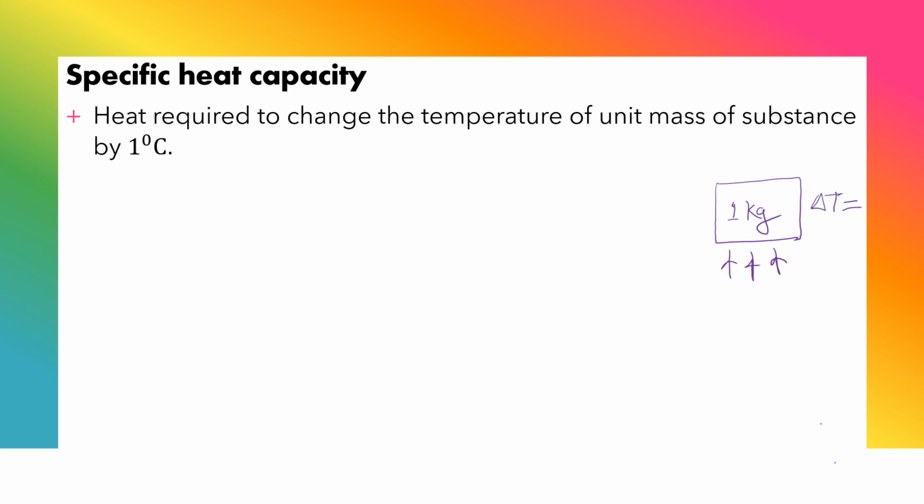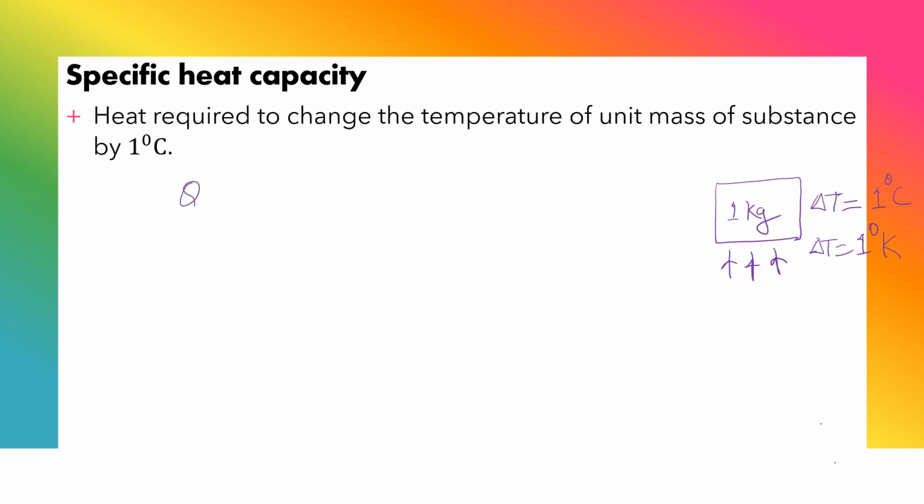Now imagine if that change in temperature is by 1 degree Celsius or by 1 Kelvin. It doesn't matter which scale you choose, but that should be by 1 degree Celsius or 1 Kelvin. So the specific heat capacity can be defined as the amount of heat required to raise 1 kg of substance by 1 degree Celsius.